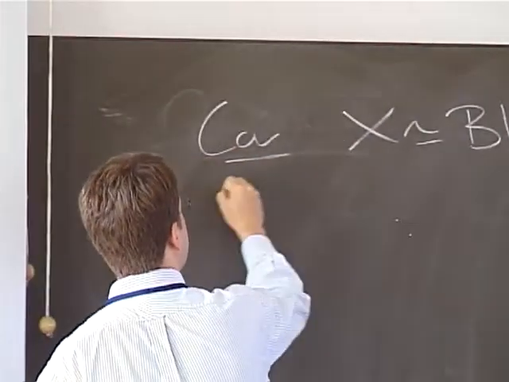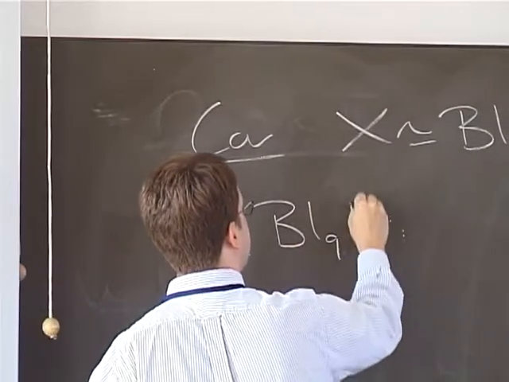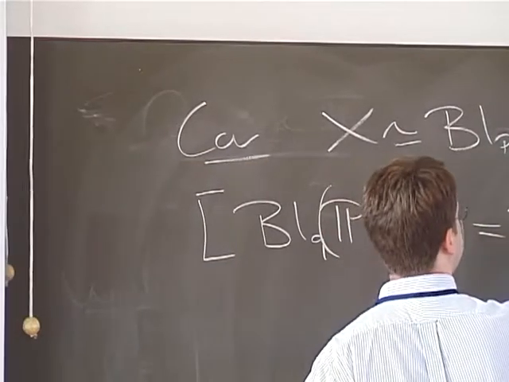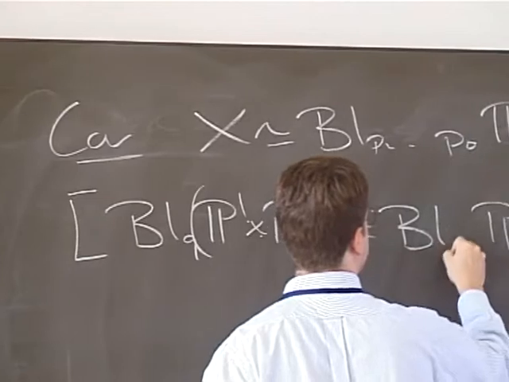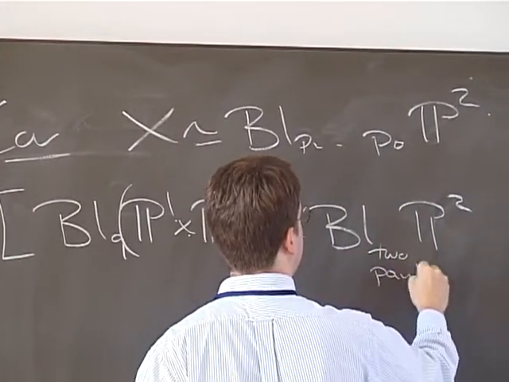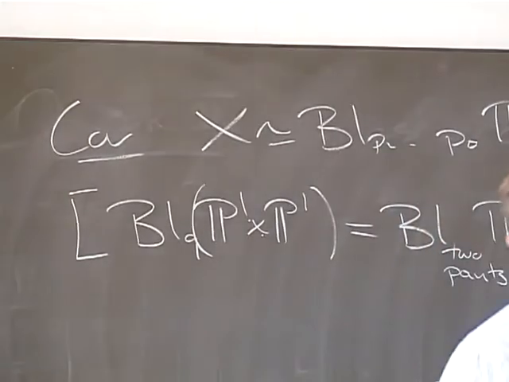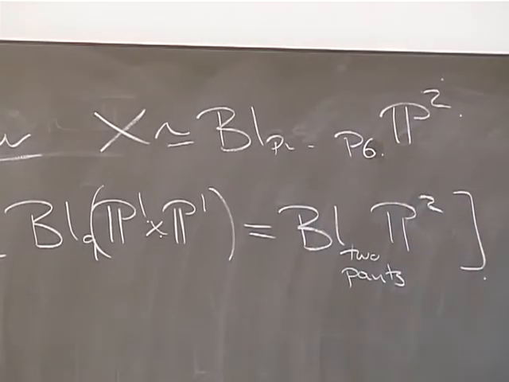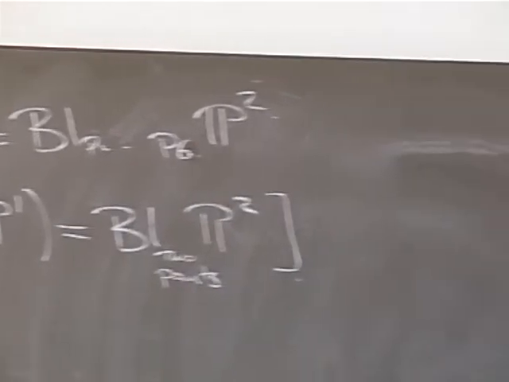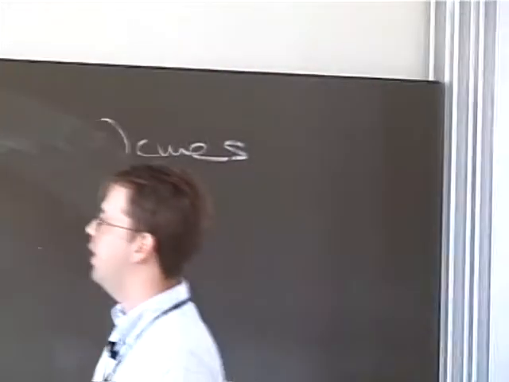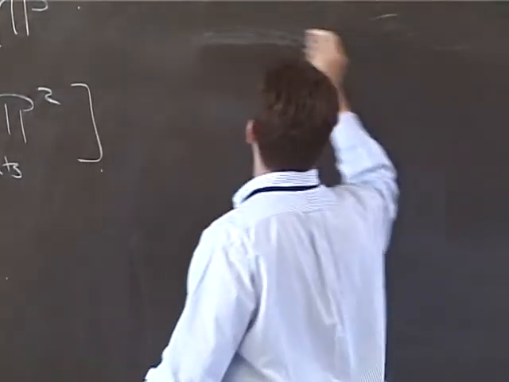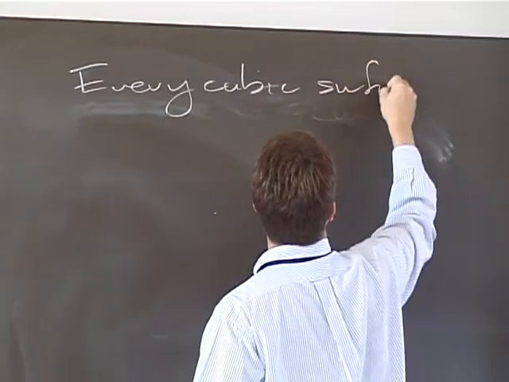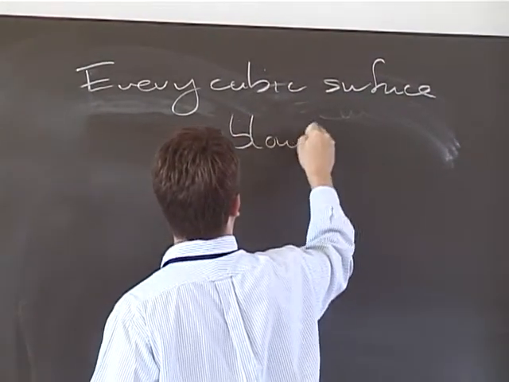And I guess the key ingredient here is if I take a point and blow it up in P1 cross P1, this is isomorphic to the blow up of P2 at 2 points. Sorry, what was this number? This is 6 points. So we've recovered the fact that every cubic surface is a blow-up of P2.